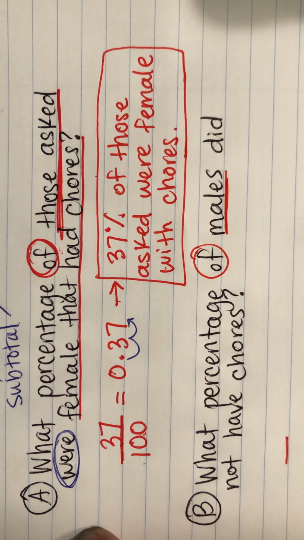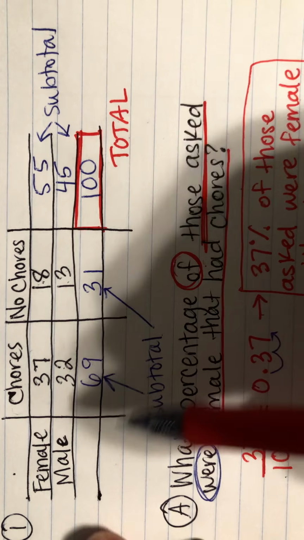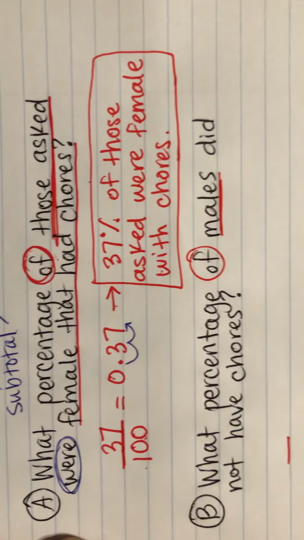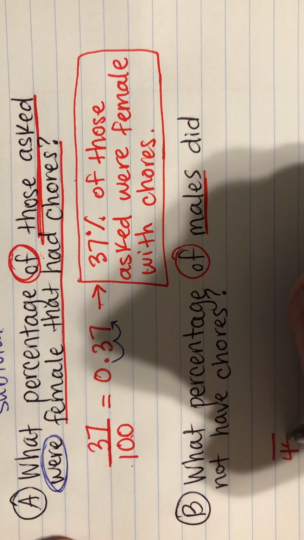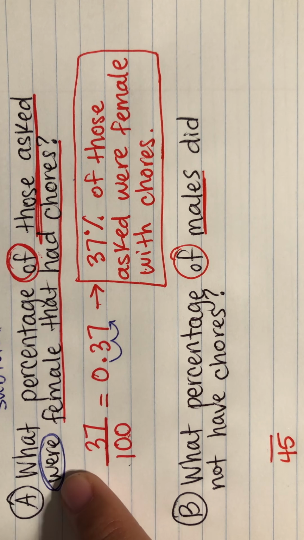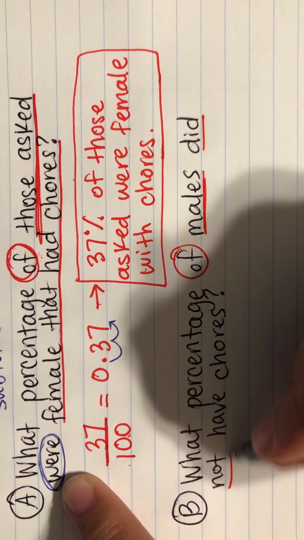Now notice it just says males, so I want the subtotal of males. Looking back at our table, our total amount of males were 45, so 45 is going to go on the bottom. And this one doesn't say "were," but the rest of the question said did not have chores.